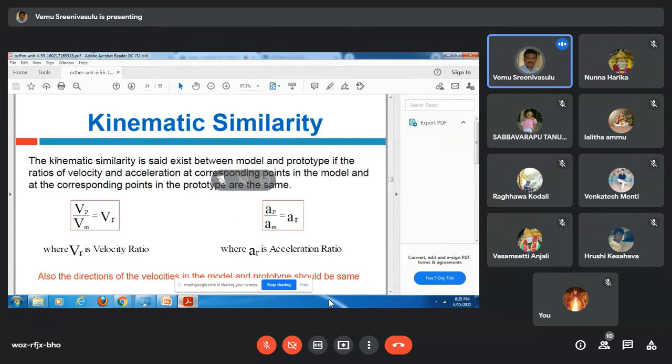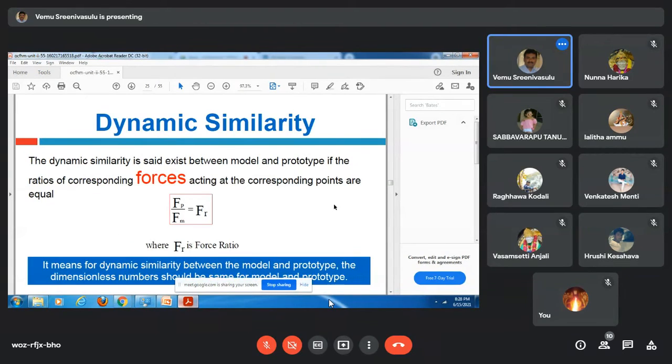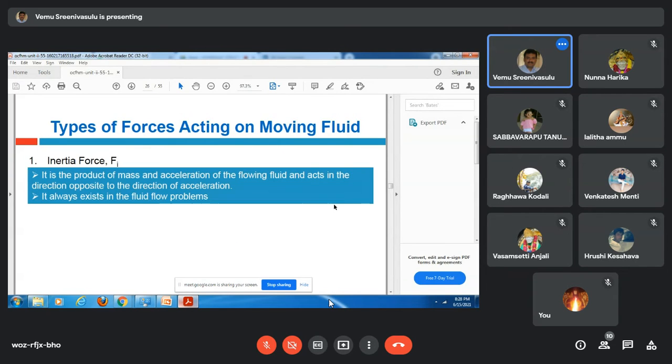Kinematic similarity is said to exist between model and prototype if the ratio of the velocity and acceleration at corresponding points in the model and at the corresponding points in the prototype are the same. And dynamic similarity, as I said, the force, discharge, all those come under dynamic similarity.